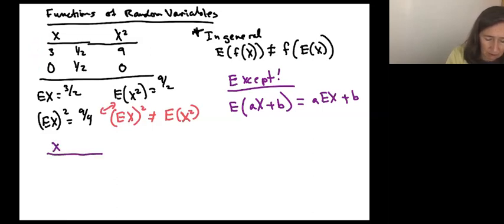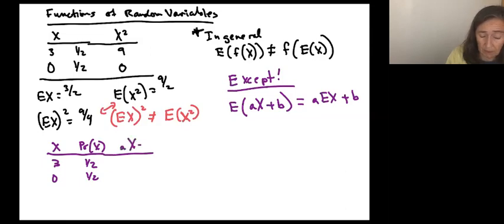X can be 3, 0, each with probability 1/2. And let's just keep the letters a and b here. If I apply the ax plus b function here, if x is 3, then I get 3a plus b. If x is 0, then I get a times 0 plus b, I just get b. So just as before, the expected value of x is 3/2.